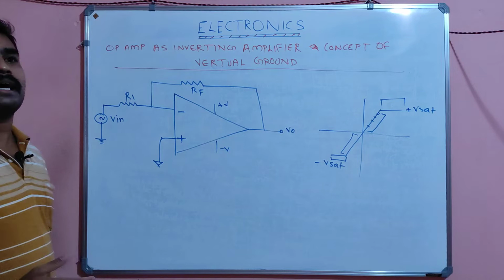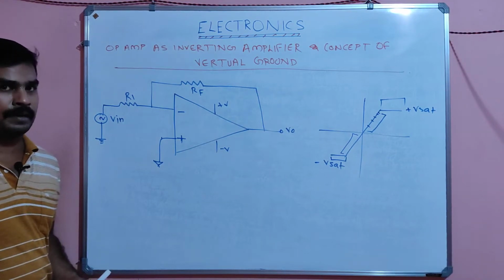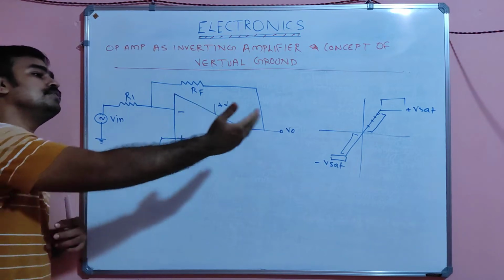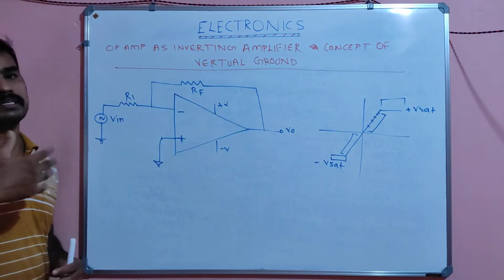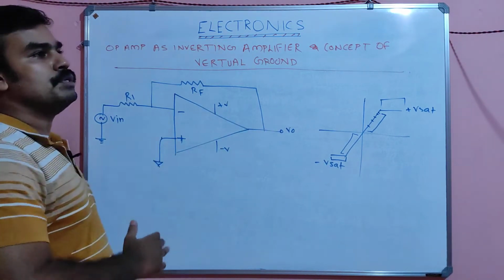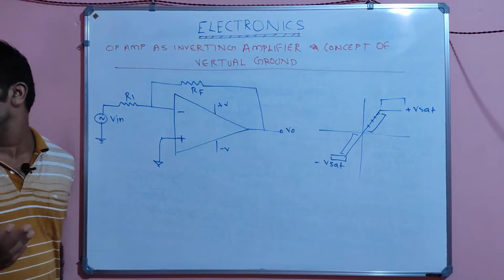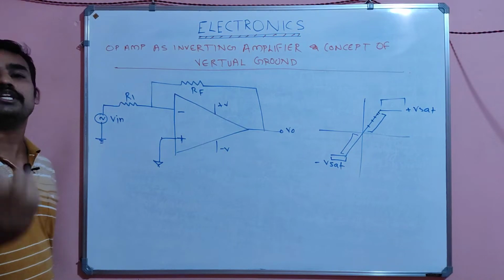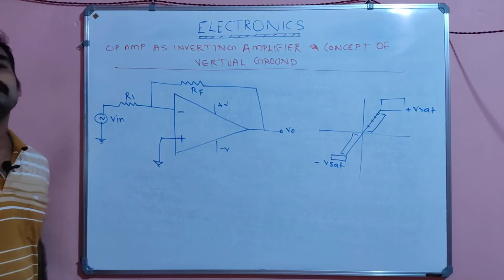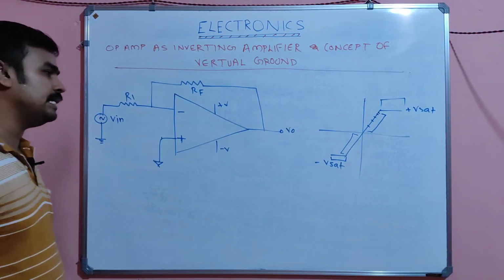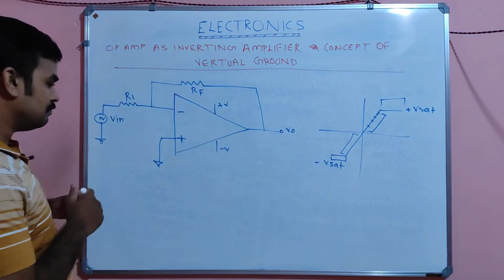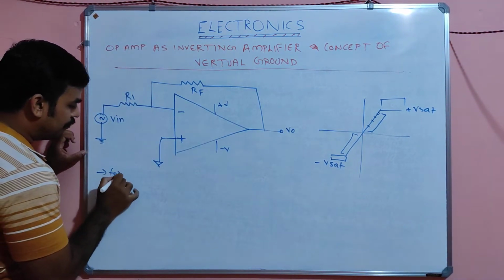Normally positive feedback increases the gain because it adds to the overall gain again, and it makes the system more unstable. For amplification we use negative feedback. Positive feedback we use in the case of oscillators, which we will discuss later. So in the case of amplifiers we use negative feedback. It is very important for amplifiers.